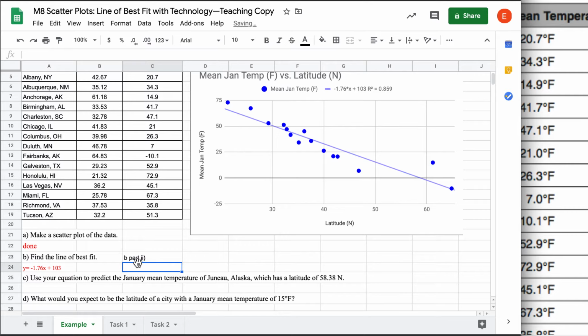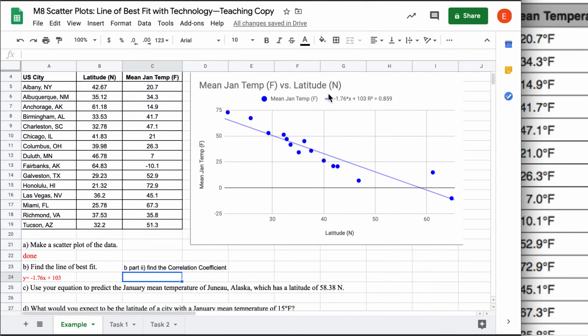What's the correlation coefficient? Okay, the correlation coefficient, what you'll do there is take this r squared and square root it. So I need the calculator.